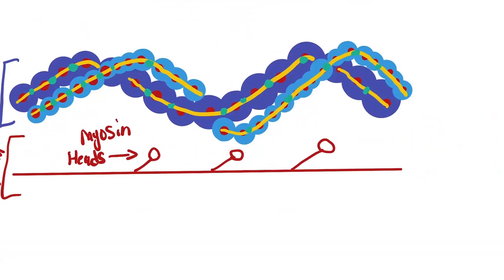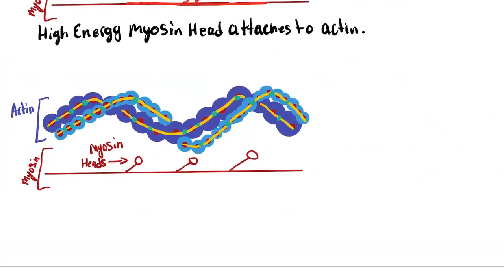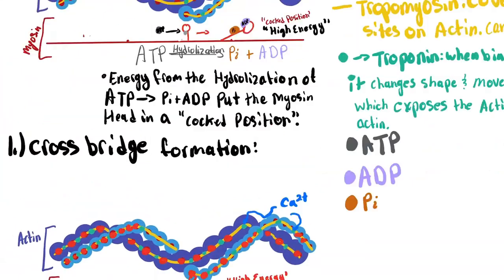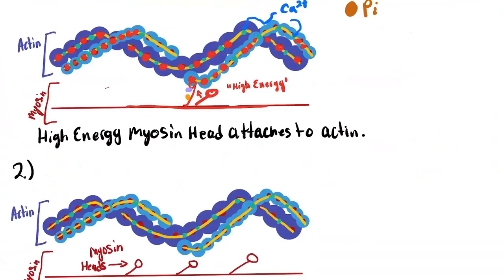So the power stroke, meaning that's when the contraction is happening. So it's moving the actin. So 2 is the power stroke.